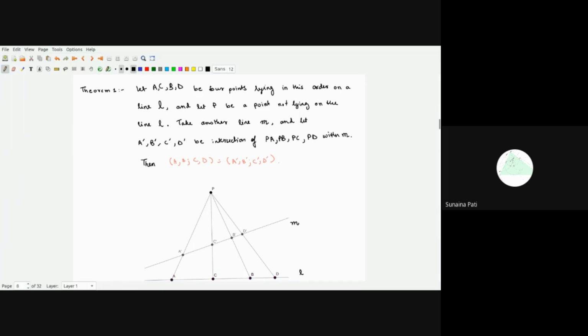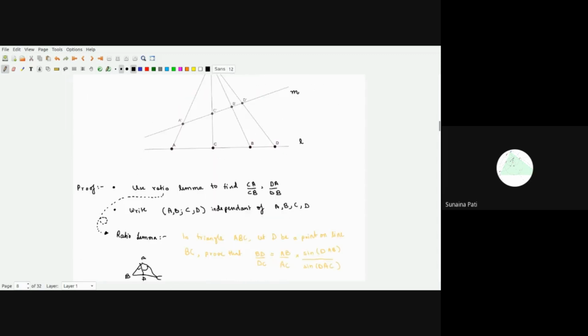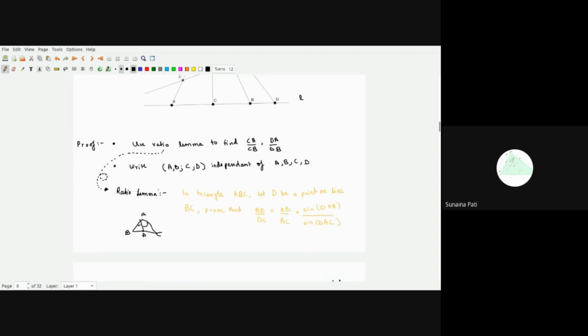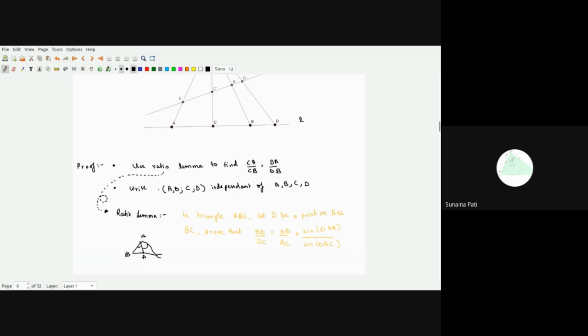Now I won't go through the procedure; you can try it again on your own later, and if you don't get it, you can tell me. But it's basically two things: you use the ratio lemma and then write the cross ratios independent of the ABC.